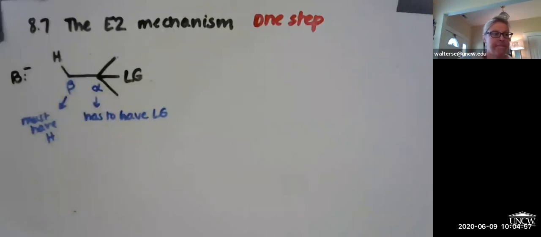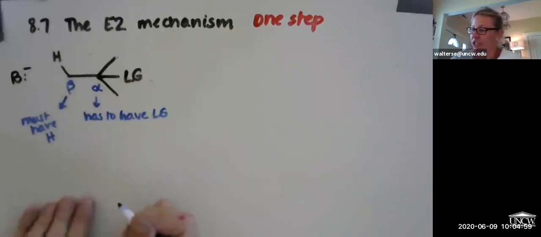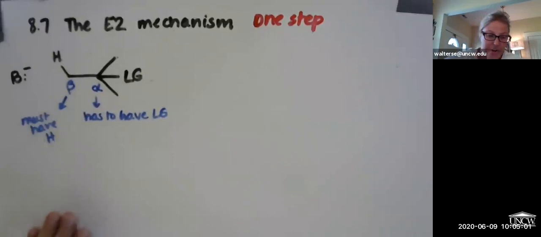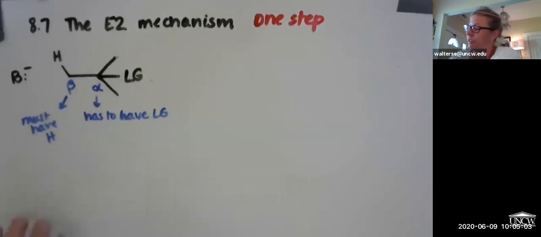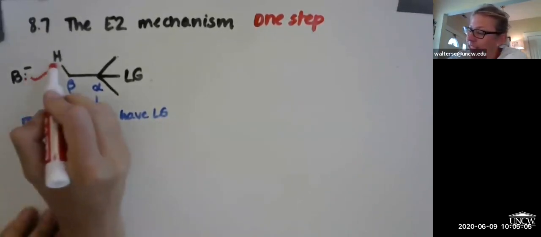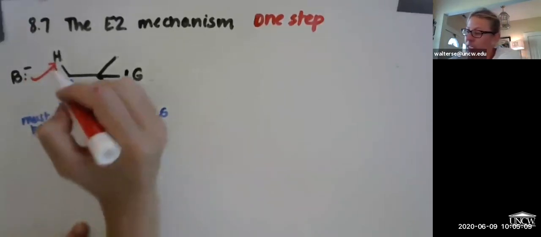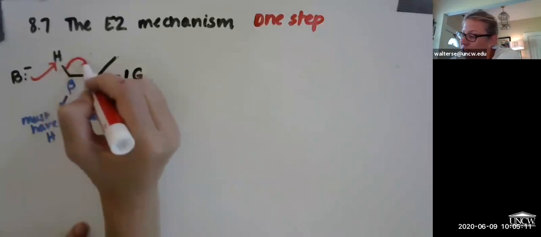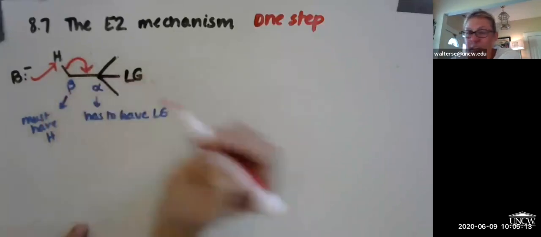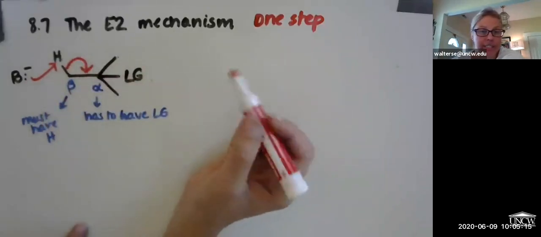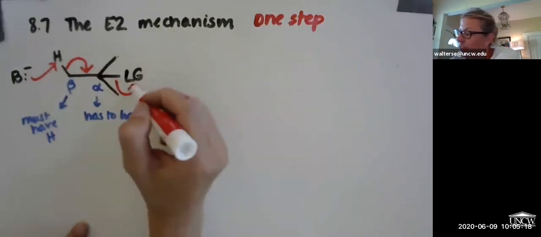Now, in this reaction, you have to have 3 arrows. The base has to come and grab the proton, the sigma electrons fall down to become pi electrons, and the leaving group leaves.